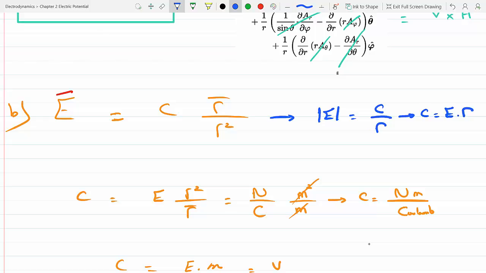And it's the integral of E dl, which would make sense because if dl is r, then you would get C to be the correct outcome.